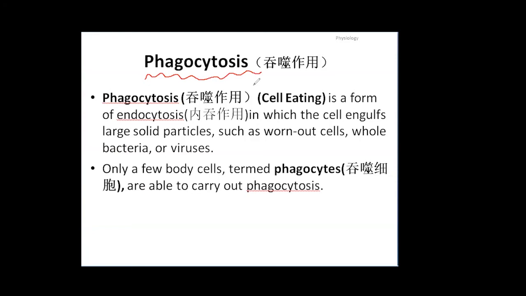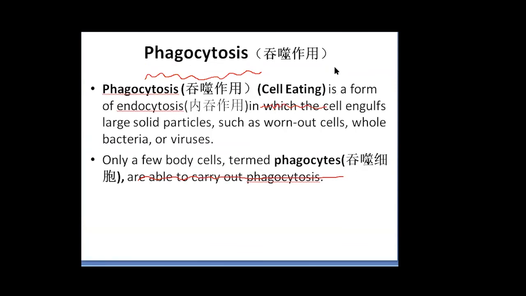Remember, this kind of moving way only happens in some special kinds of body cells, not for all of the cells. We can also say it's pretty similar to cells eating. What does cells eating mean? It means the cell eats something.